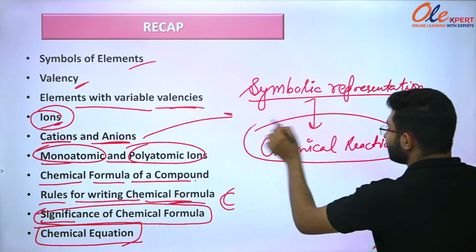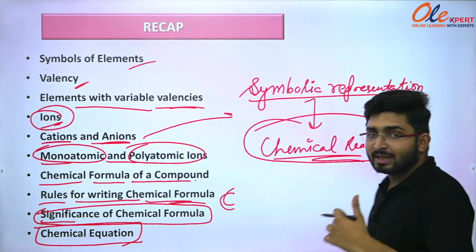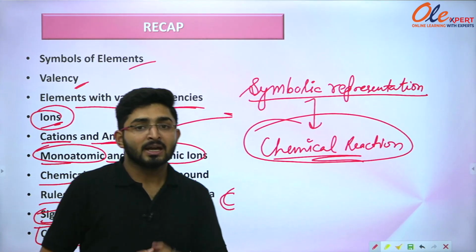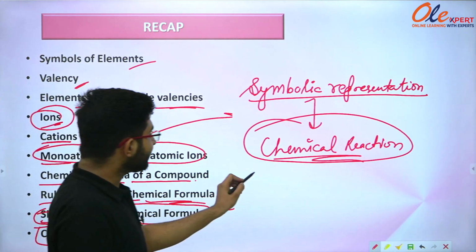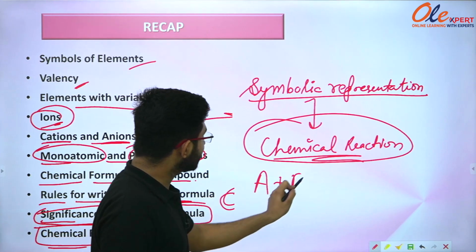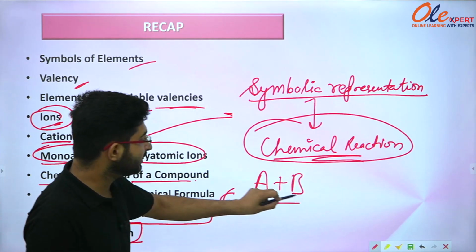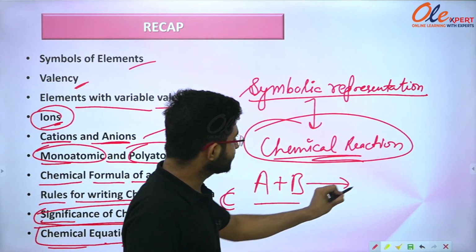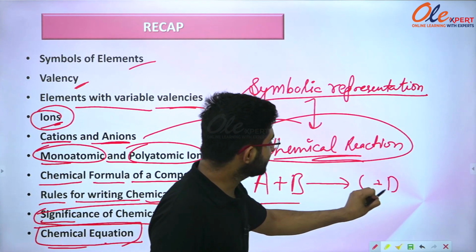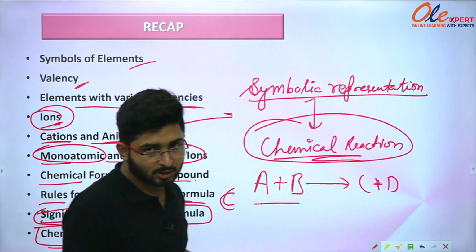Whenever we want to write down a chemical reaction in the form of symbols, we make use of a chemical equation. Just like if I have two substances, A and B, and they have a chemical reaction, then they will produce C plus D. This is the basic example of a chemical equation.